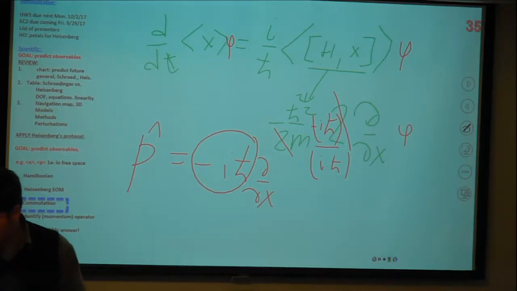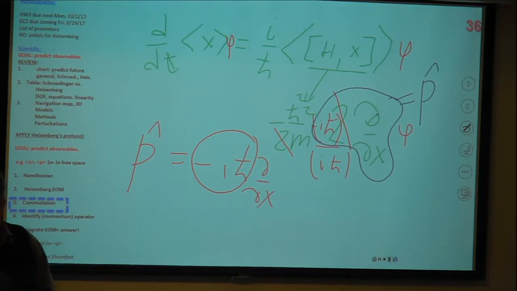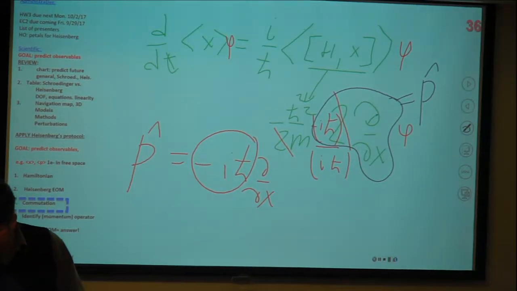So now, let me switch that over. This derivative and the factor here can be identified as momentum operator. And the rest of the factors can be played and cancelled, like h bar and second power here can be cancelled.